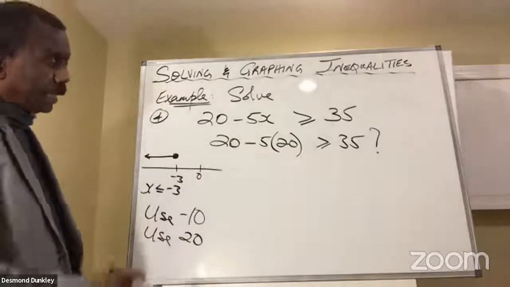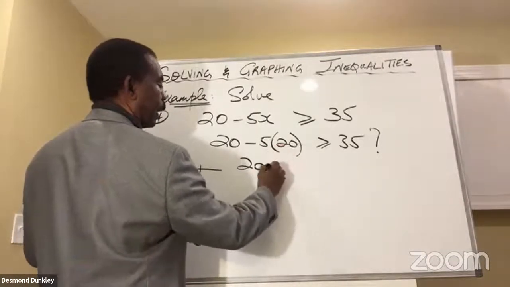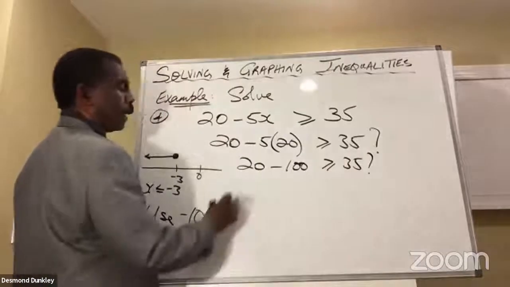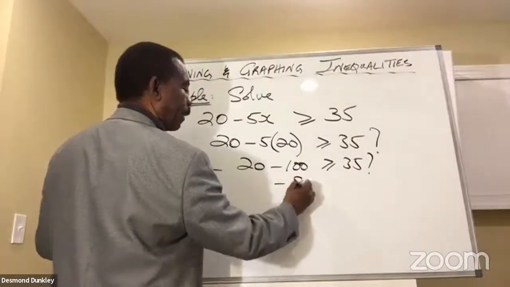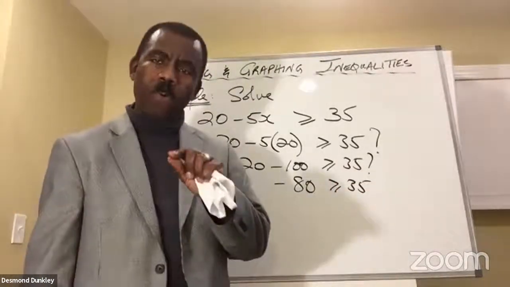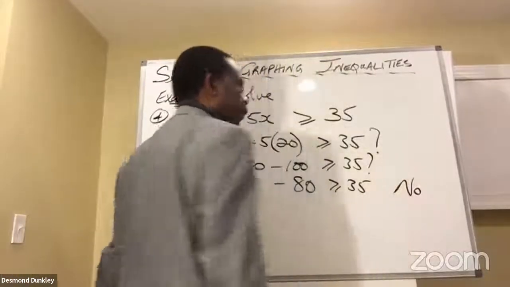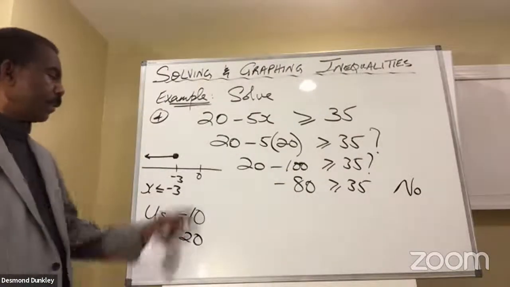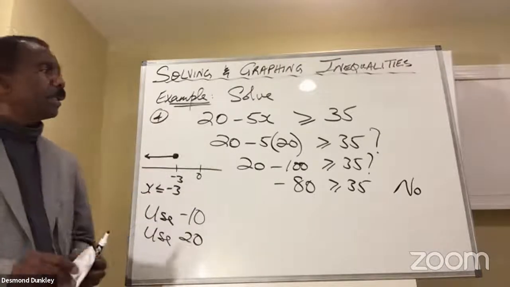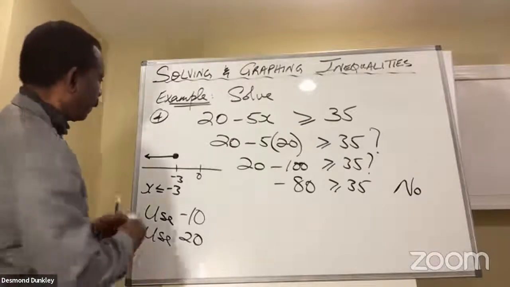So negative 5 times 20 gives you negative 100, and 20 take away 100 is negative 80. Is negative 80 equal to 35? No. Is negative 80 greater than 35? No. So this is not true. Okay, so 20 fails. So anything that's above would not work. So yes, we're good. So now we have dealt with inequalities in one variable. Now let's go to two variables.